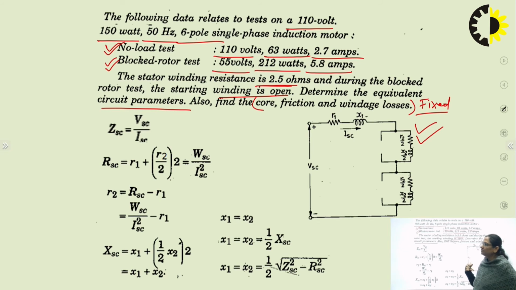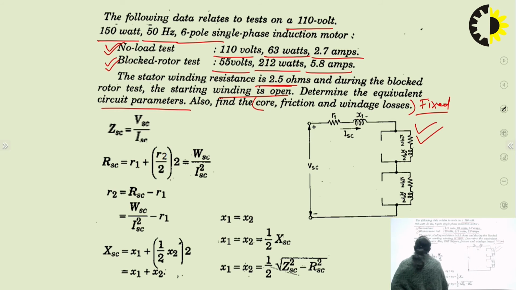The neglection will not result in much difference in the calculated value. So when it is possible, we can have certain approximations if they are not going to affect the result much, right?